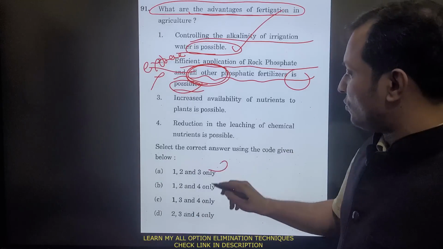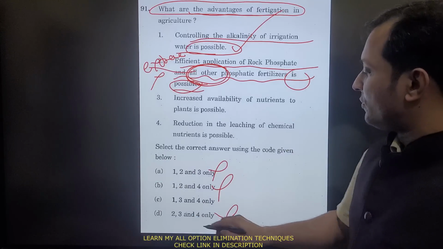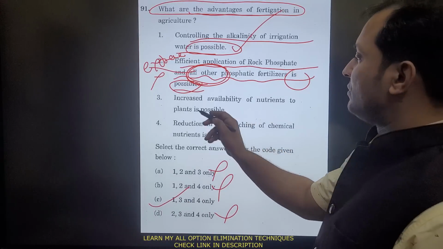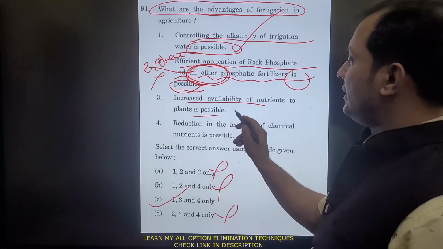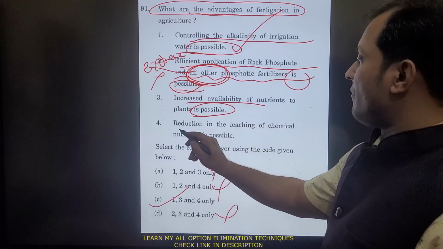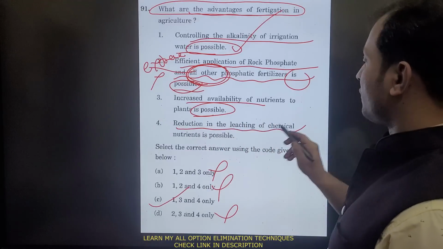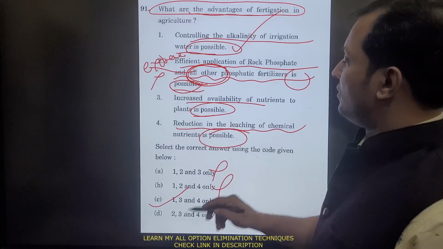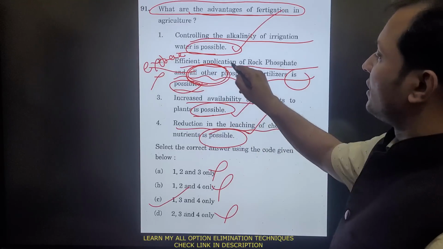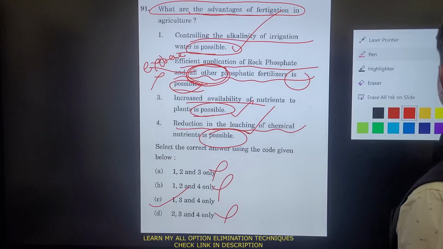We can eliminate 2. We get the answer 1, 3 and 4, because there is no extreme statement in statement 3: increased availability of nutrients to plants is possible. Reduction in the leaching process of chemical nutrients is possible. So obviously third and fourth are correct, but in statement 2 an extreme word, all other phosphatic fertilizers, is written.